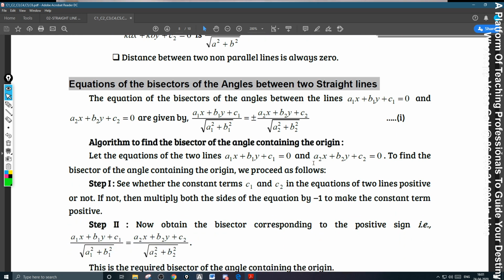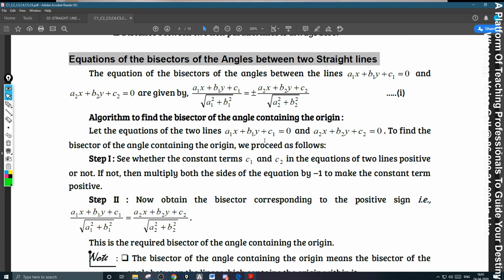Let us see this in the printed format so that you will remember it very well. The equation of the bisector of the angle between the lines is this, which I derived.